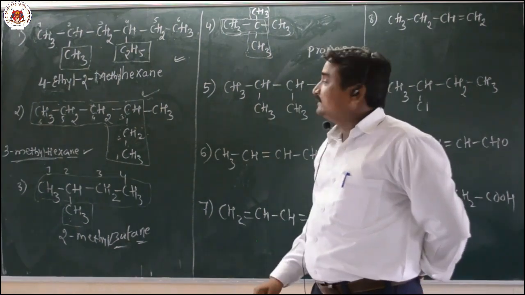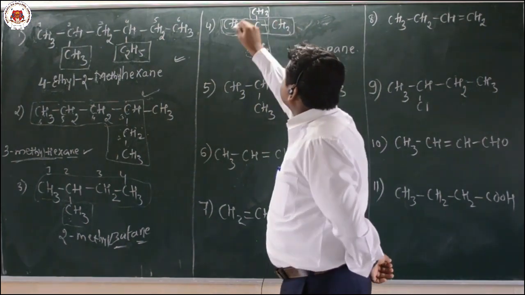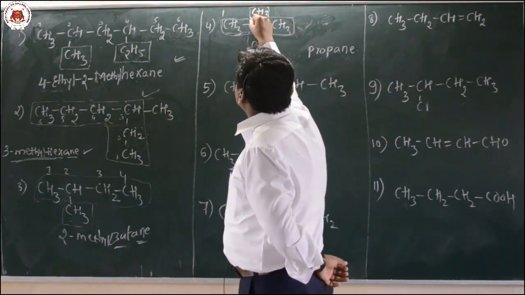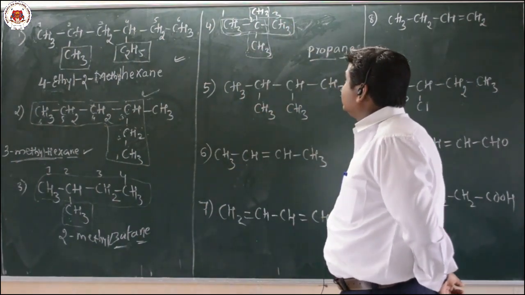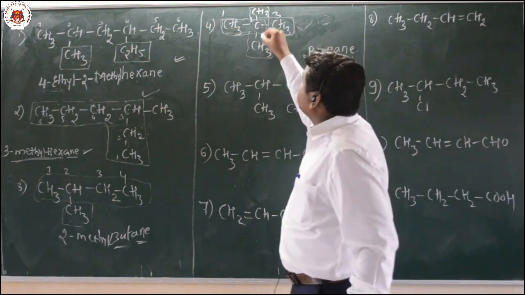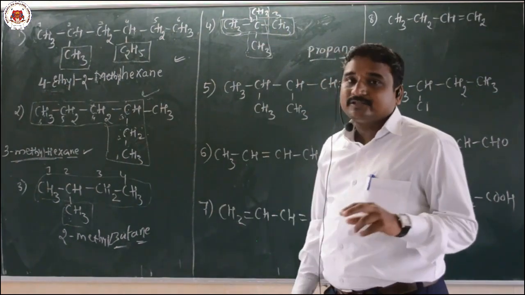Now here what happened, there are 2. If I take the number from this side or that side, it comes the same: 1, 2, 3. So hence I have written here prop and this is the suffix. Now here we have 2 substituent groups. So 2 identical substituent groups, hence you can use di.